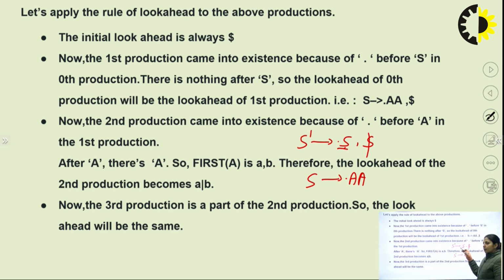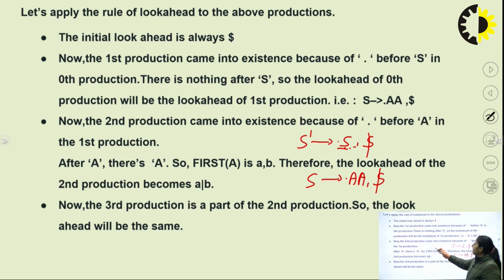If there is a terminal or non-terminal symbol after S, then we have to use those rules or cases that I have just explained. Case 2 or 3 explains that if there is no terminal or non-terminal after S, then the lookahead of the first production is the same as the lookahead of the zeroth production. So the lookahead is dollar itself.